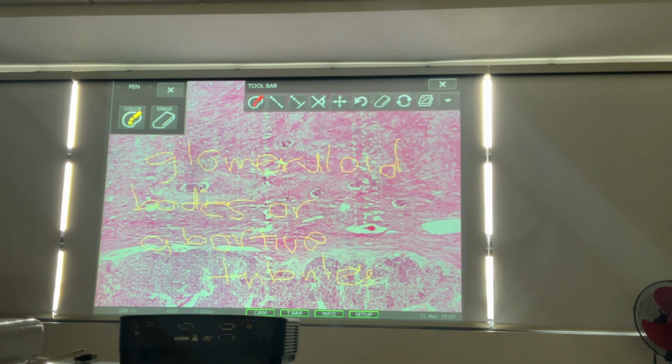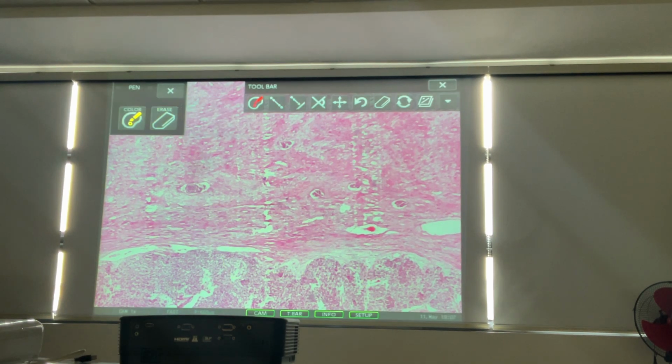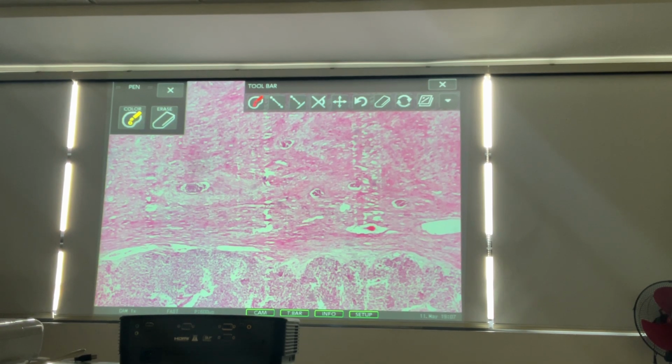And then the third one are your elongated, or spindle cells. These are elongated cells, like strips, and then the nuclei is at the center.